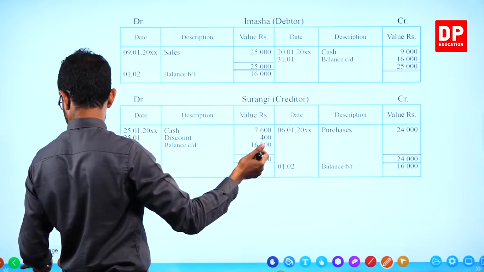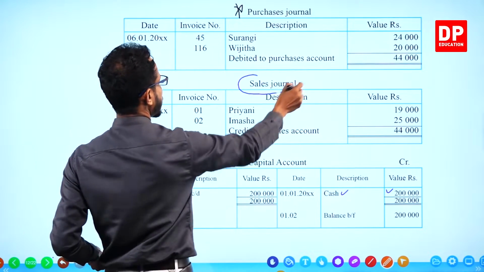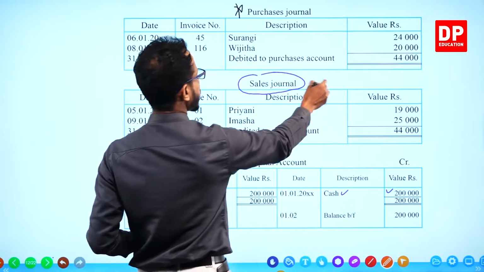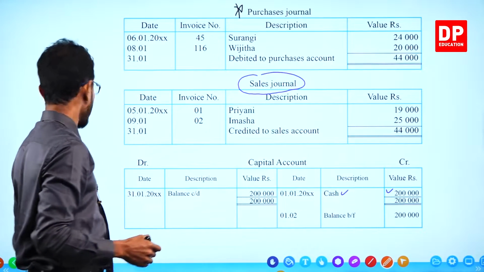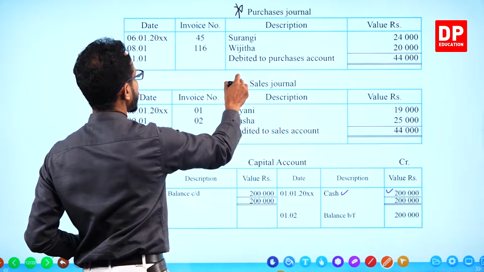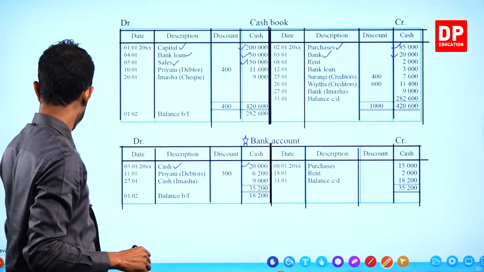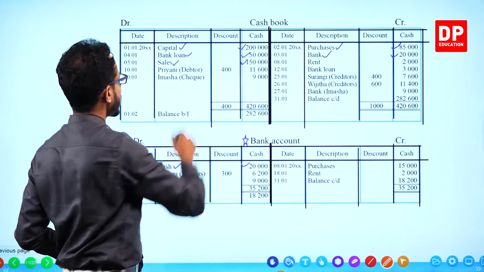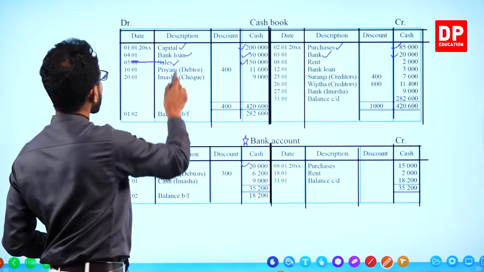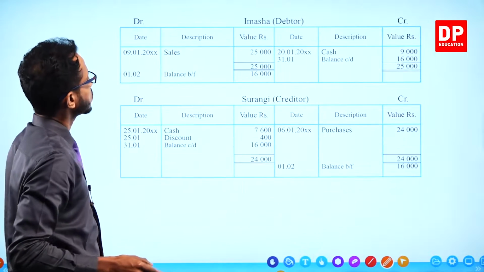Where is the sales account? Is this the sales account? No, this is the sales journal. Where is the sales account? Where is the sales?